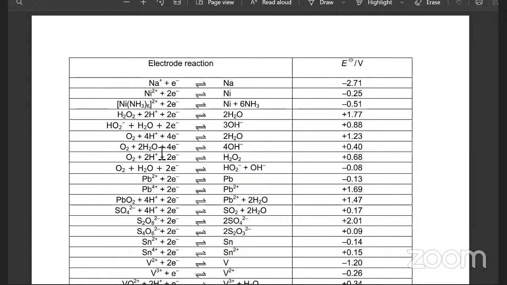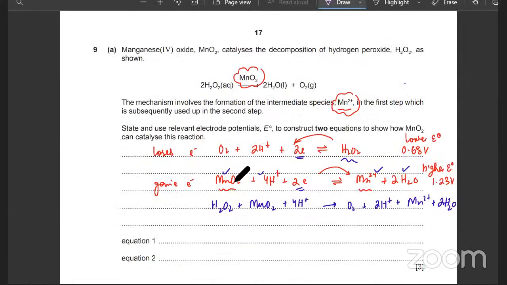Yes, sir: H2O2 plus 2H+. But I can't take that, because that would mean that H2O2 is gaining 2 electrons to form this. So I'm not going to take that because he already told me that MnO2 is the one that's gaining electrons. So H2O2 is the one that must be losing electrons. So it must be on the right side.